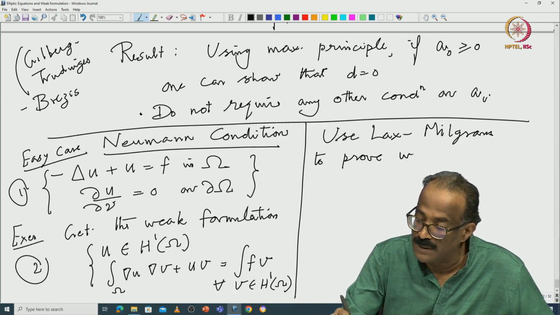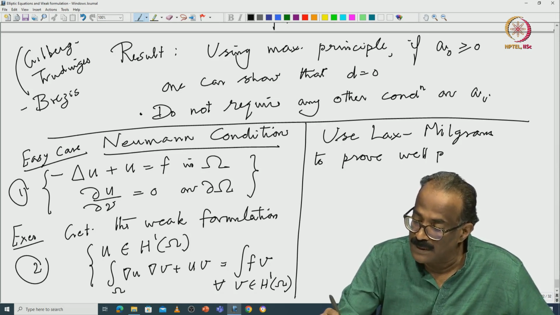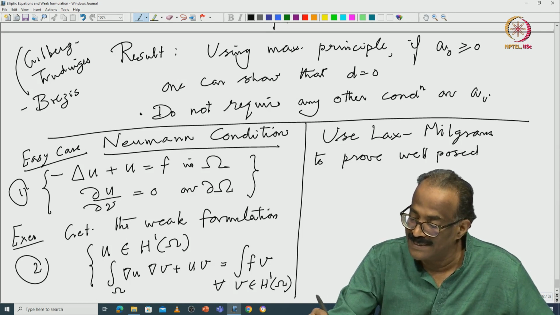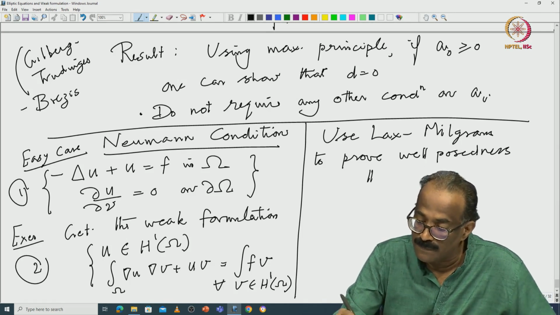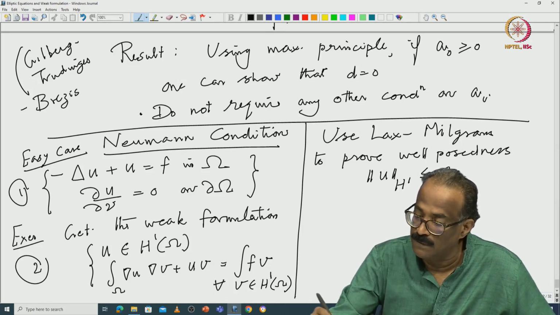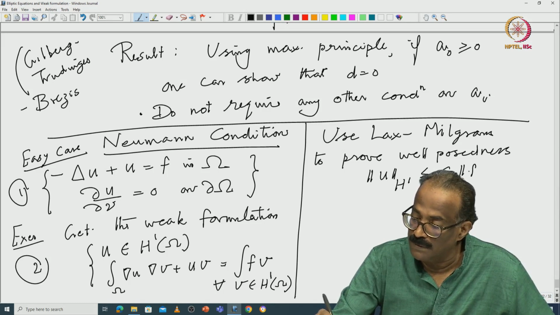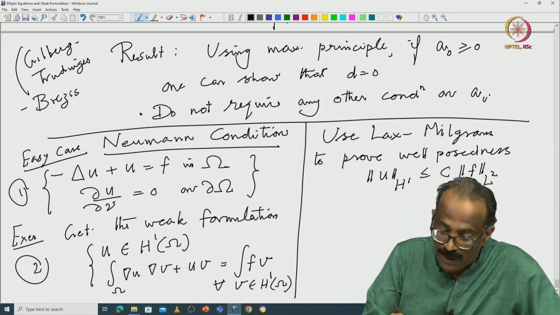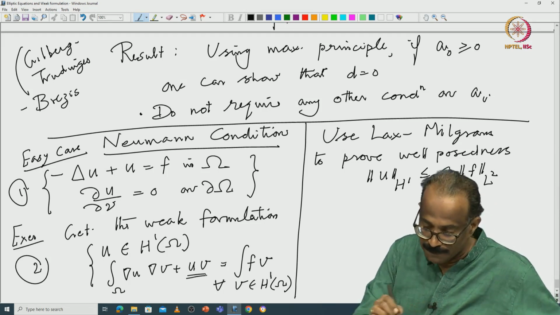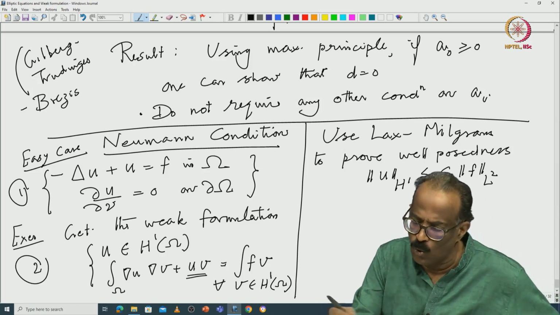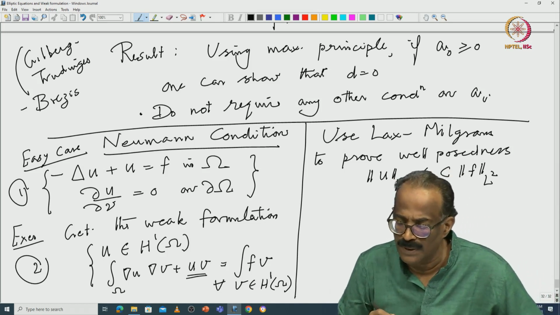Well-posedness means existence, uniqueness and estimate, and in this estimate you have to prove the H1 norm of u is less than or equal to a constant times the norm of f. This is easier in the sense that you do not require the Poincare inequality. So it is exactly the norm which you are proving.